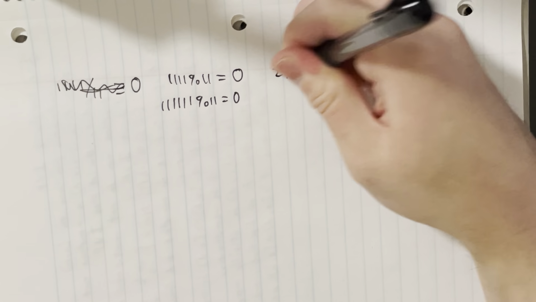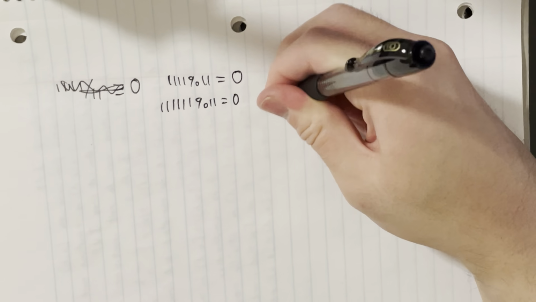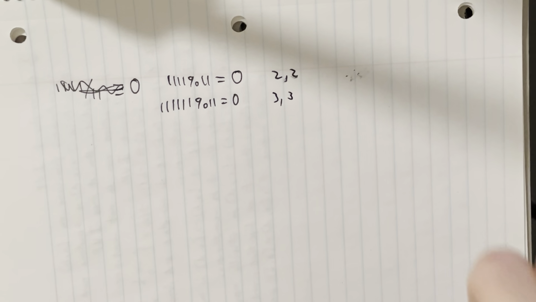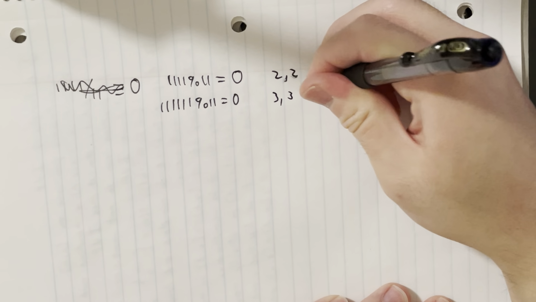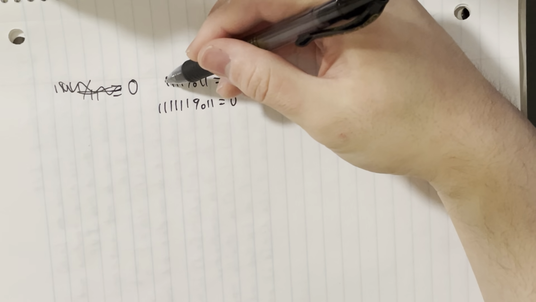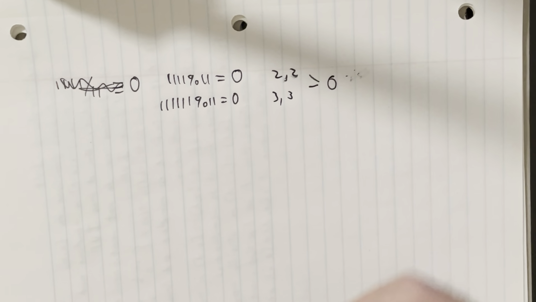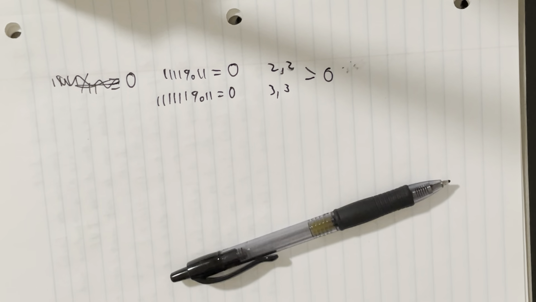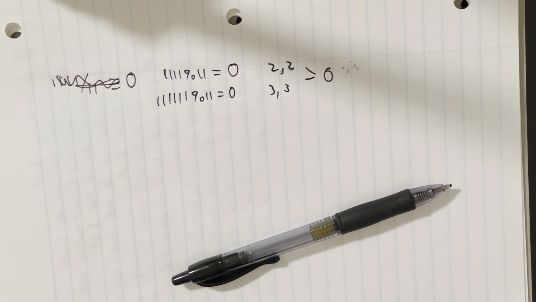This is like 2 and 2, and this is like 3 and 3. And then the difference of these alternating sums is always going to be equal to 0. And 0 is divisible by 11. So we can pretty much ignore any number with an even number of ones in it, because we can represent it as some number of 11s. So that's the first observation that I made officially.